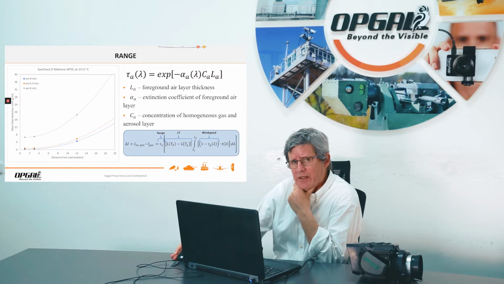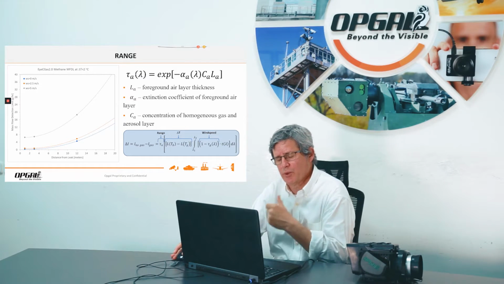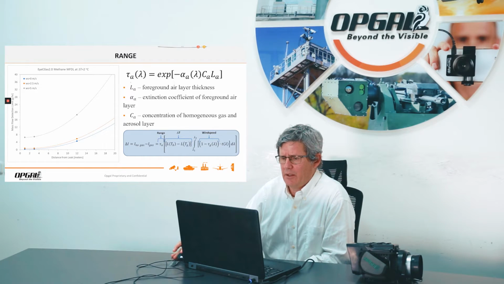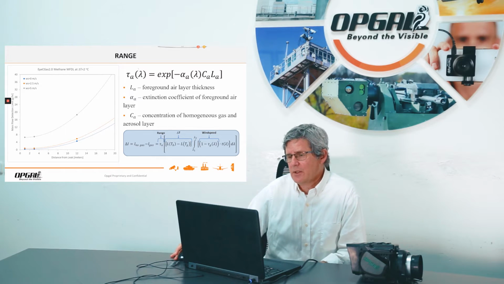As range gets larger, we are getting farther away. The spectral radiance going from the gas plume into the camera needs to go through the atmosphere, the foreground air in the middle.